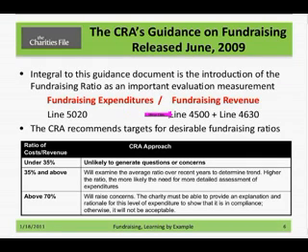So basically the ratio is really looking at the expenditures divided by the revenues that you receive. Now the CRA recommends that there are certain targets for these ratios. Basically, under 35% is considered to be the acceptable level for fundraising ratio for a charity.